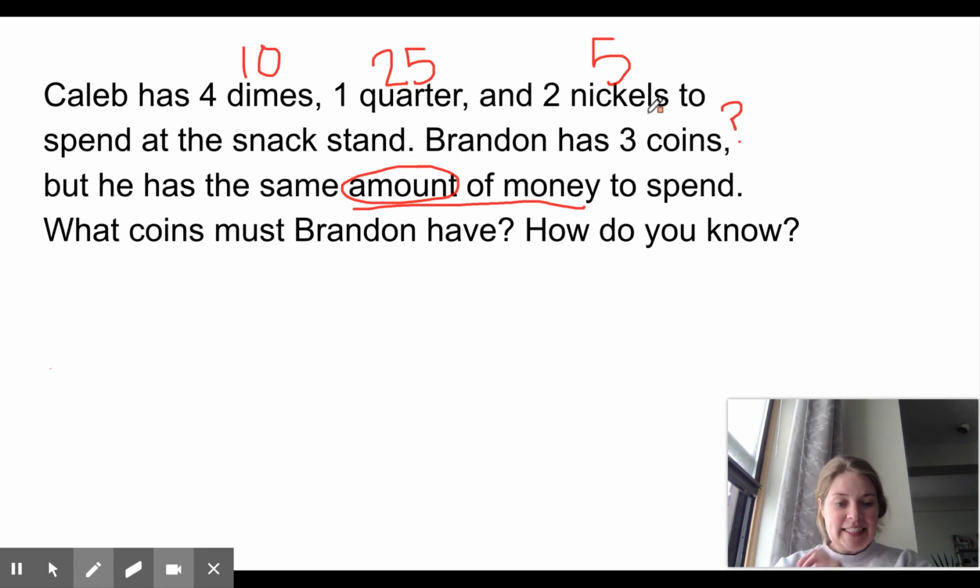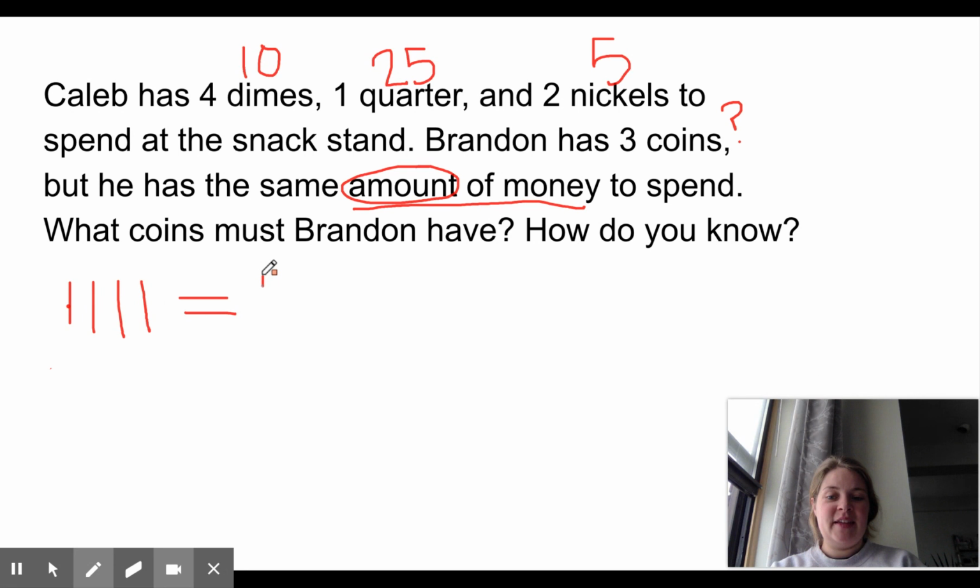So just like we did in the past, we're going to be looking for how much is 4 dimes. Remember, a dime is worth 10, so we could skip count 4 times for 10. 10, 20, 30, 40. Caleb has 40 cents in dimes, but we're not done.